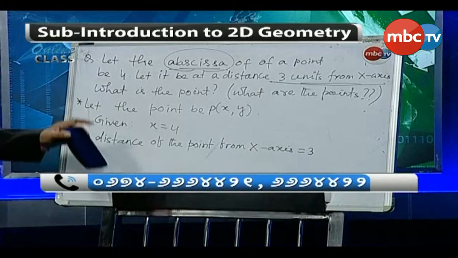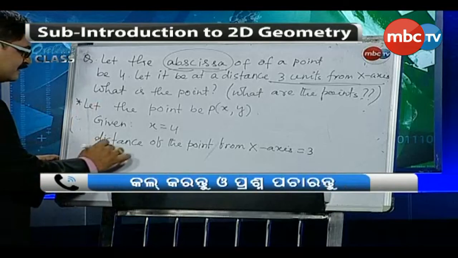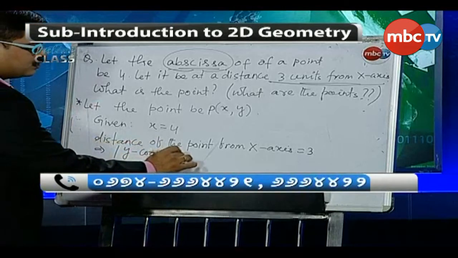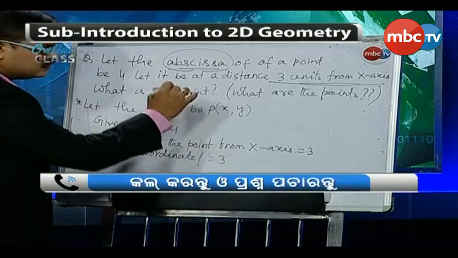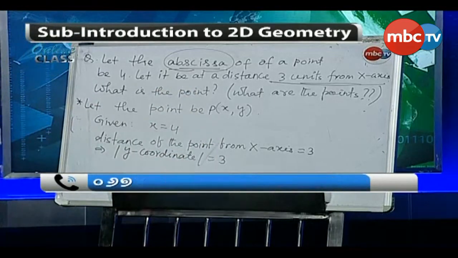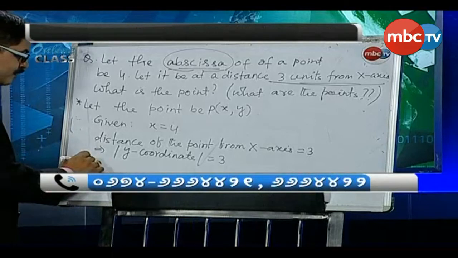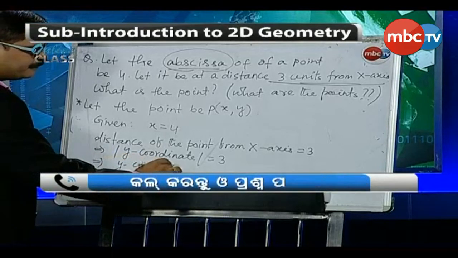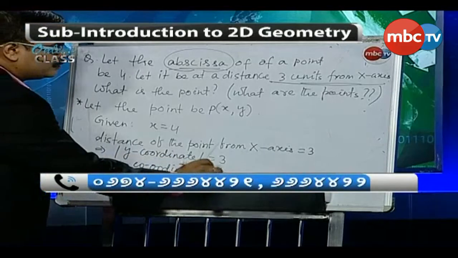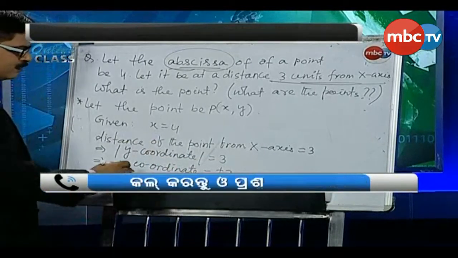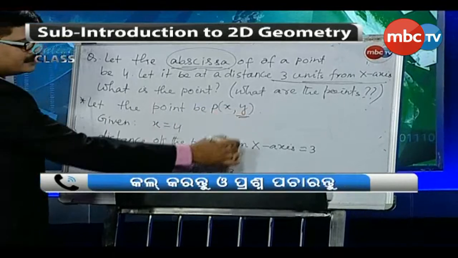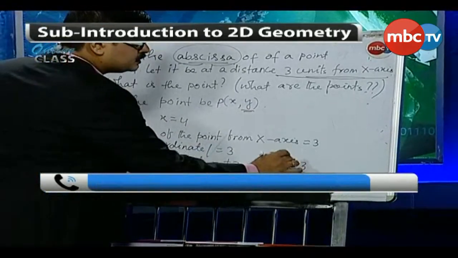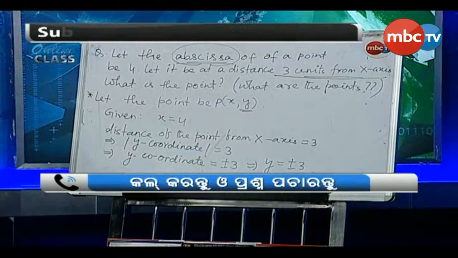Now distance from x axis means, that implies modulus of y coordinate. Modulus of y coordinate is equal to 3. Now if modulus of y coordinate is 3, what will be y coordinate? That means y coordinate will be plus or minus 3. So our y has now got two values, one is plus 3, other one is minus 3.